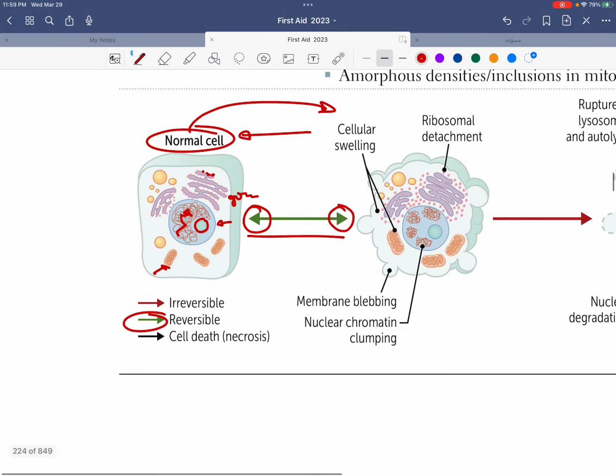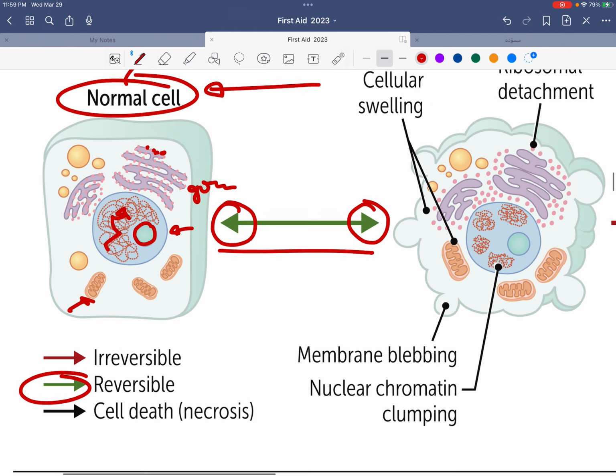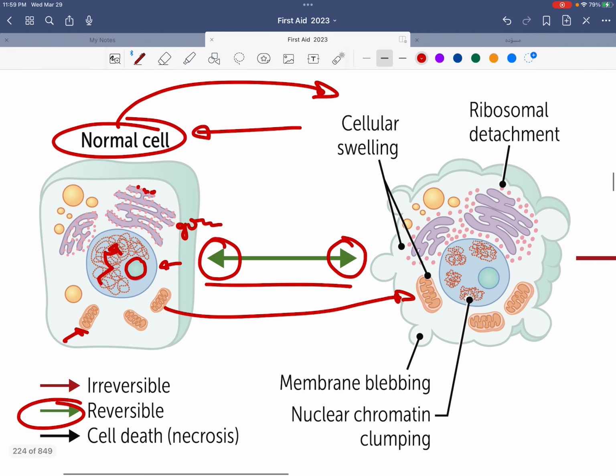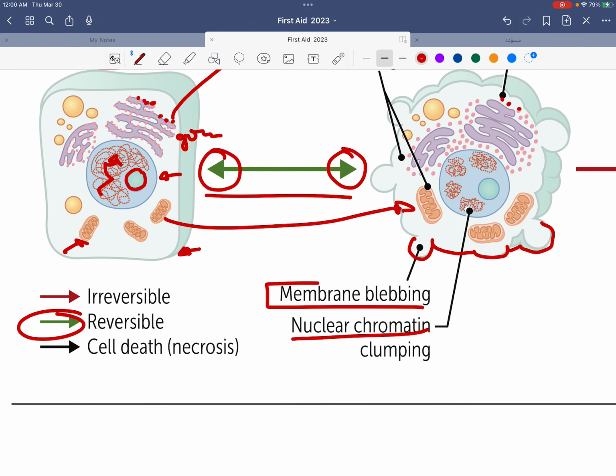Basically what happens is there is cellular swelling. We can tell that these organelles are getting bigger in size, plus the ribosomes that were attached over here are getting detached, so they are not attached to the Golgi apparatus anymore. Plus the outside membrane of the cell gets this blebbing, that's outpouching, plus nuclear chromatin clumping.